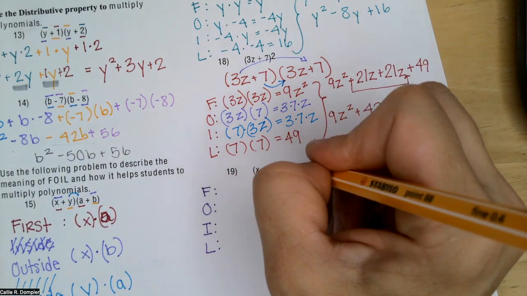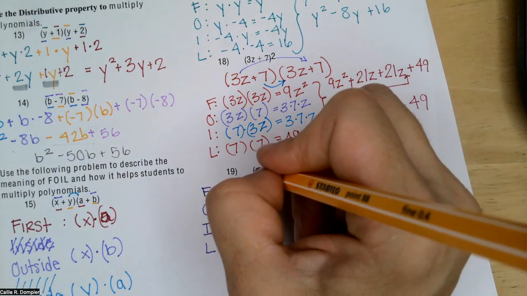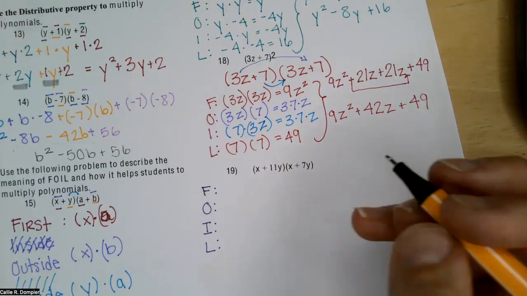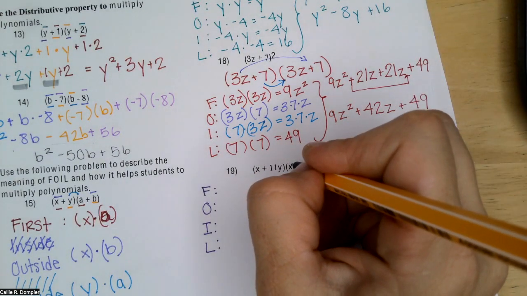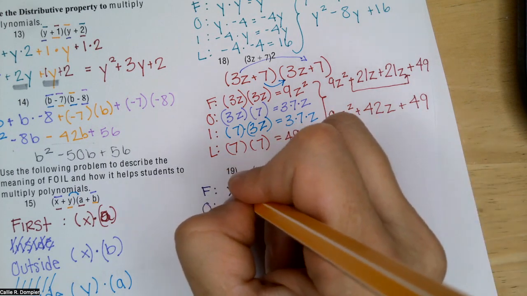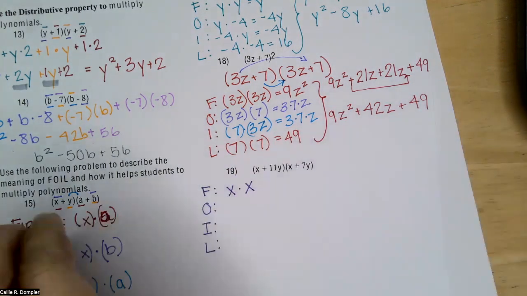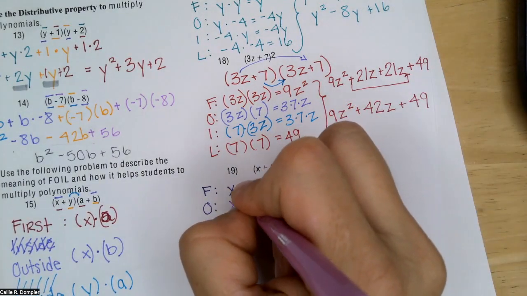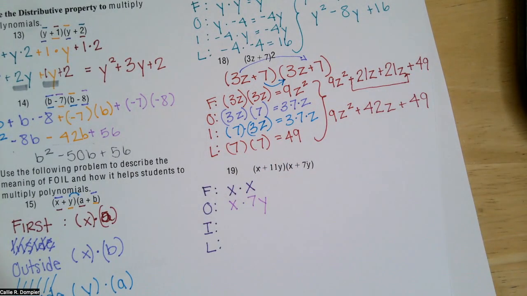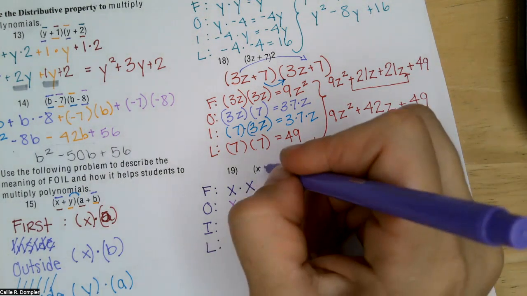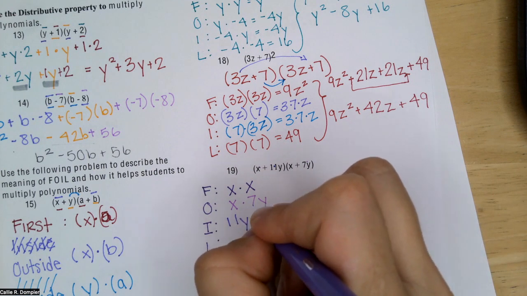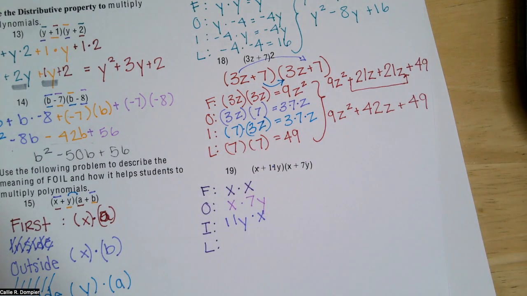X plus 11y times x plus 7y. X times x would be our first. X times 7y would be our outside. 11y times x would be our inside.